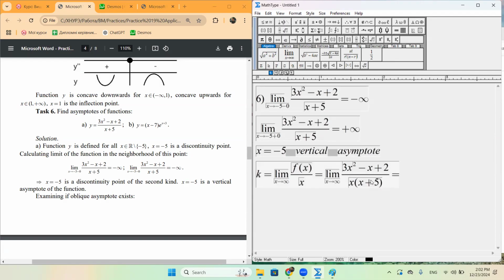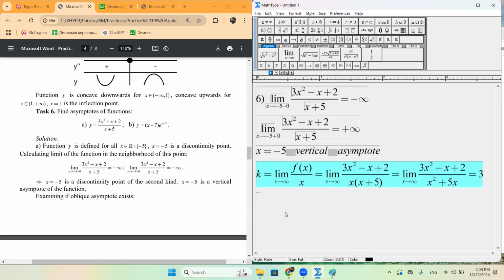So basically we know the highest degree is 2. So moving x square out of brackets, we know that k is equal to 3.